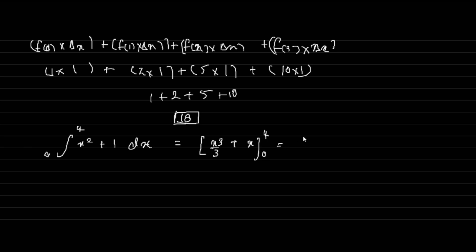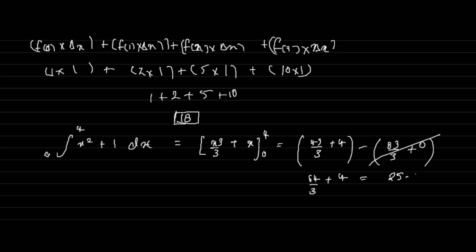So if we integrate this, we get 4 cubed over 3 plus 4, minus 0 cubed over 3 plus 0, which is just 0, so we can ignore that. 4 cubed over 3 is 64 over 3, plus 4 gives us 25.333. So notice how the exact area is 25.33, and our left Riemann sum gave us a value lesser than the exact area.